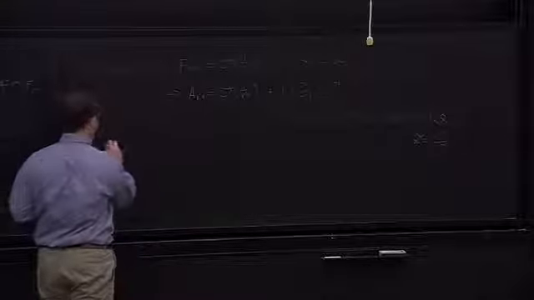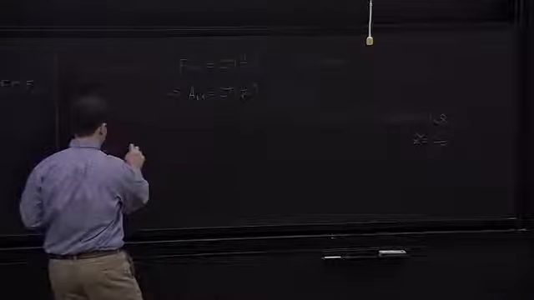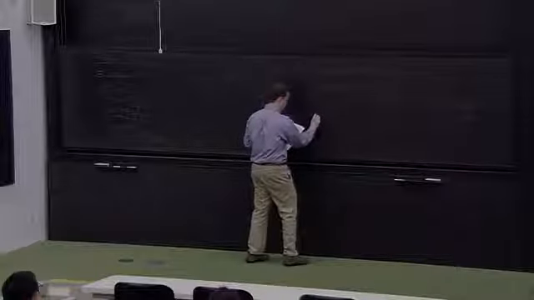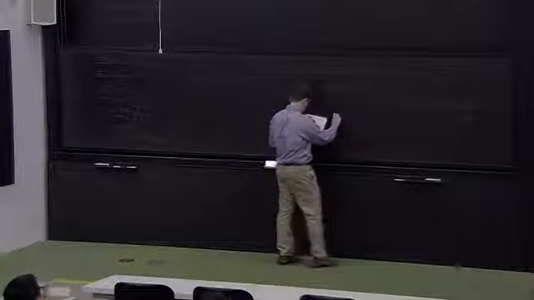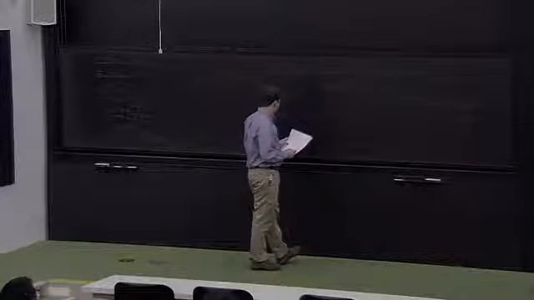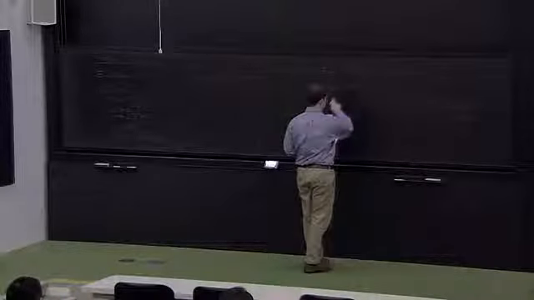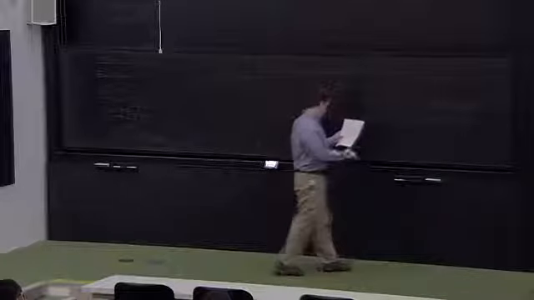So we perform a gauge transformation on a configuration like this. If A has this form to begin with, it gives us H U dU inverse H inverse plus something I don't care about.